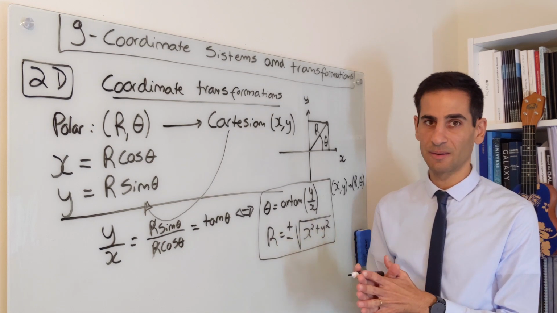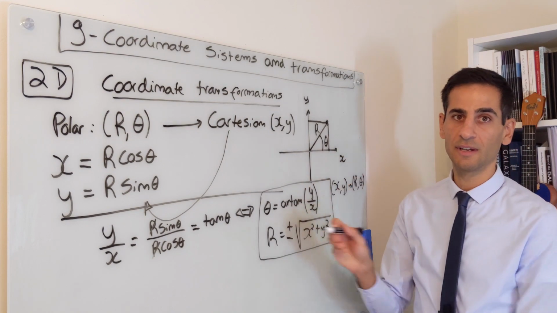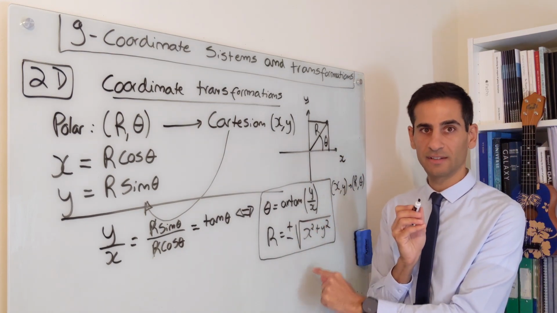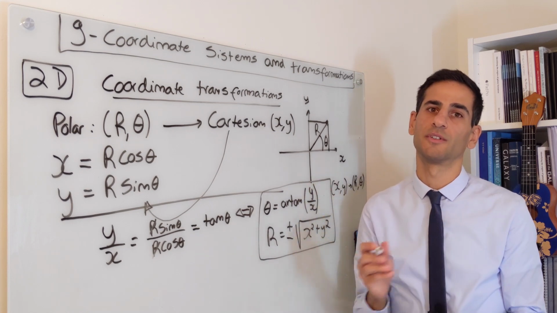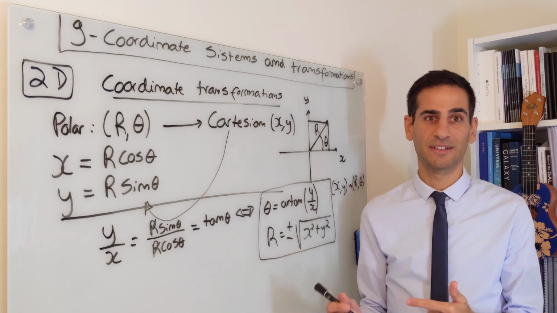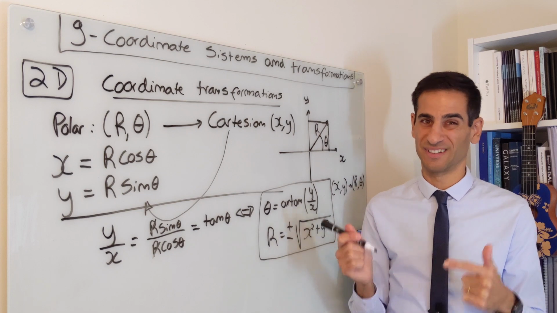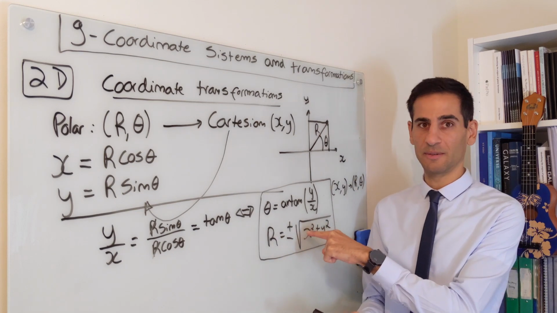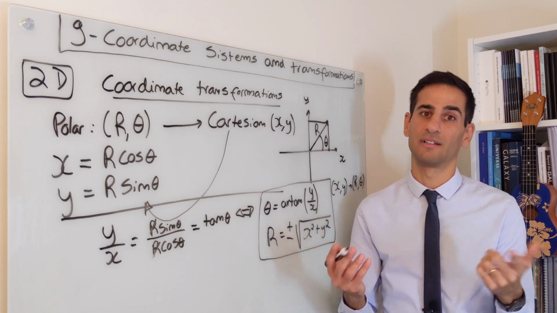As we'll see in an example, the best way is to understand where your point is in Cartesian, and when you calculate it in polar coordinates, make sure that it ends up in the correct quadrant. If you get it in the correct quadrant, it means your answer is correct. If you end up somewhere 180 degrees from it, it's definitely wrong, and it probably means you need to flip the sign of r or pick another theta.